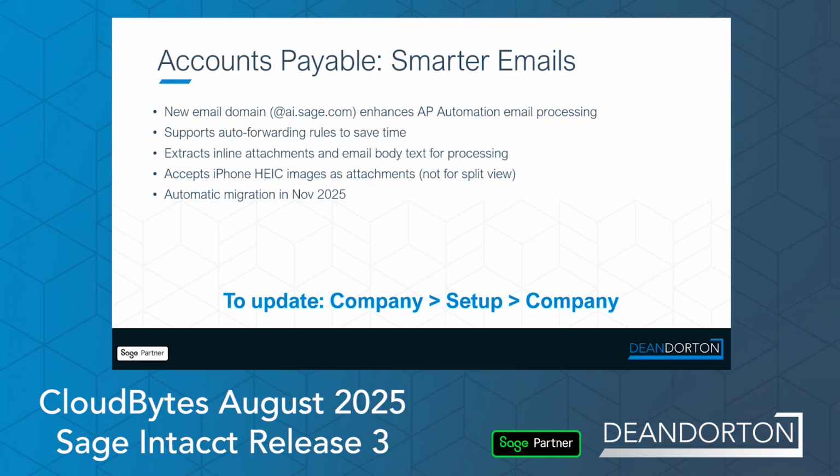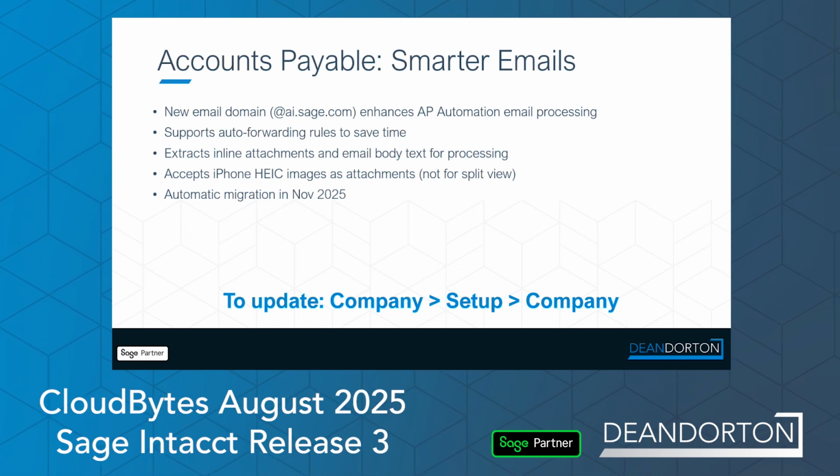So read that line, it extracts inline attachments and email body text for processing. It accepts iPhone HEIC images as attachments, and automatic migration in November of 2025. So November's release 2025, these things are going to get moved over to this ai.sage.com domain.